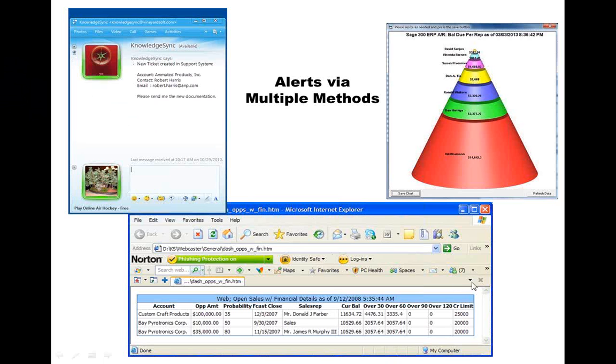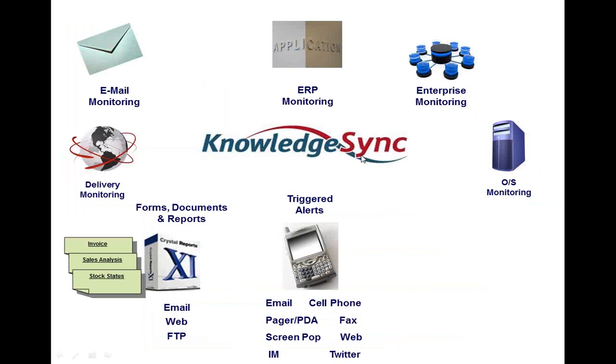Down at the bottom center, a dynamically created web page that in this particular case shows us customers' outstanding sales opportunities from our sales or CRM application with the customer's current financial details from our accounting or ERP solution. And up at the top right, we have an example of KnowledgeSync's graphic alerts capability.